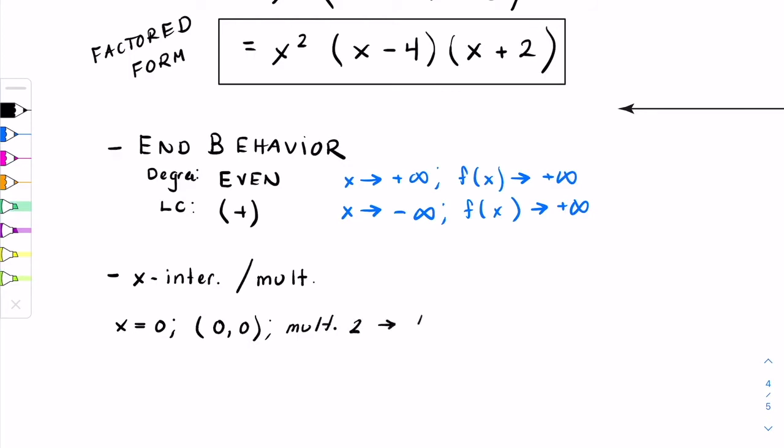And that tells us that on the graph it's going to turn at that point. Our next 0 is x minus 4 equals 0, therefore x equals 4. The intercept would be at 4, 0. Multiplicity is 1, and this would cross at that point.